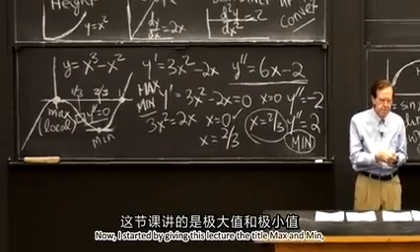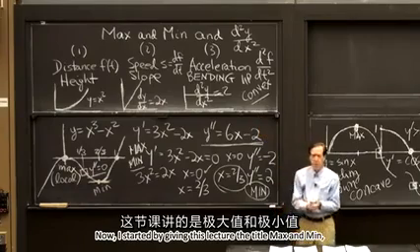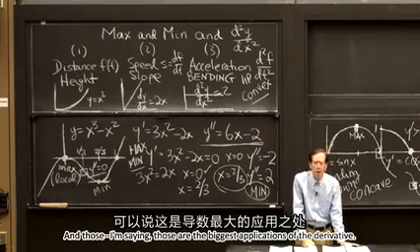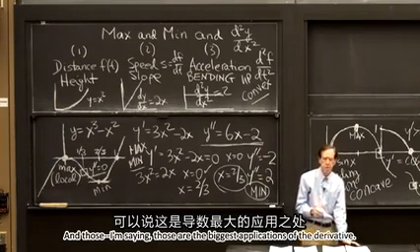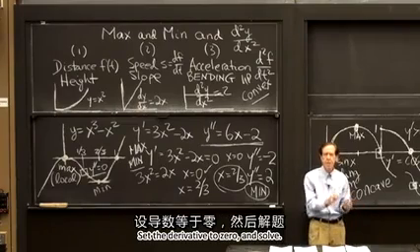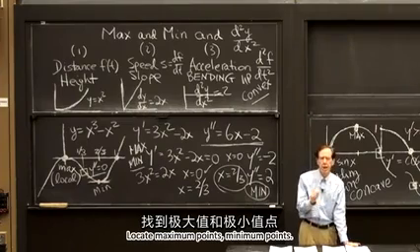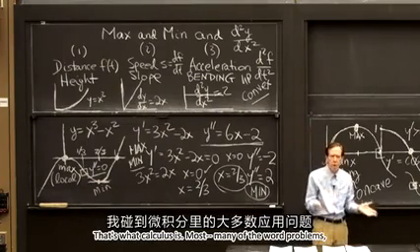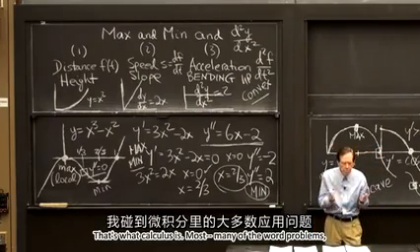Now, I started by giving this lecture the title Max and Min, and saying those are the biggest applications of the derivative. Set the derivative to 0 and solve. Locate maximum points, minimum points. That's what calculus is.